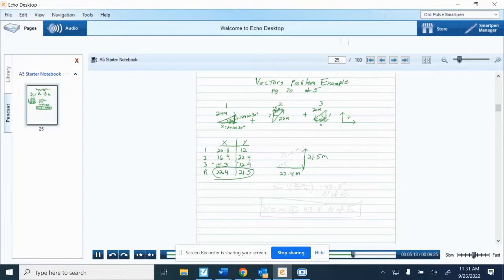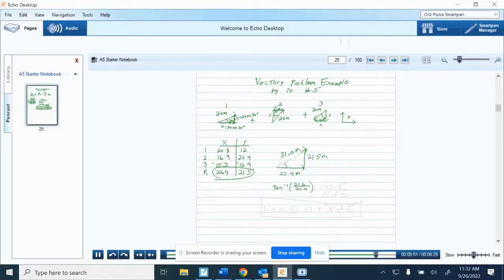We want to find the resultant. Now remember, this is a right triangle, so we can use the Pythagorean theorem to find it. So 22.4 squared plus 21.5 squared, take the square root, and you get 31.0 meters. So that's the magnitude of the resultant vector. Now we find the angle, or the direction, by using tangent. So I'm going to do the inverse tangent of the opposite side divided by the adjacent side.